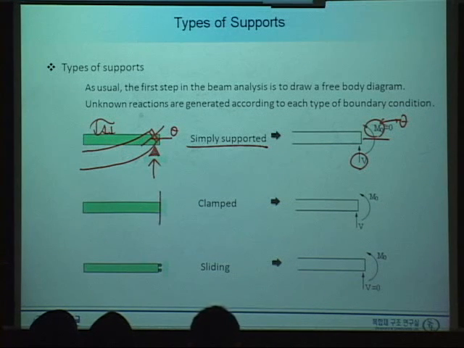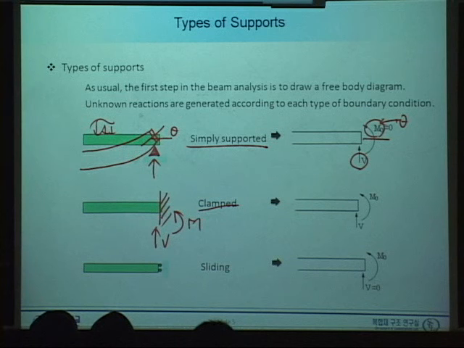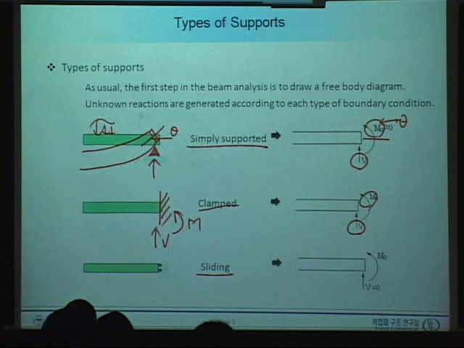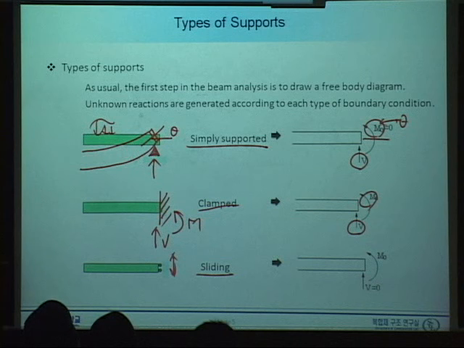And clamped means that we have two types of support, vertical force and bending moment at clamped. So the reaction force is always V and M. And the sliding condition means that it allows travel, freely moving in the vertical direction, but the angle, as you can see here, is not allowed to change.